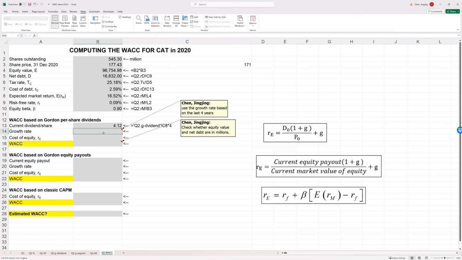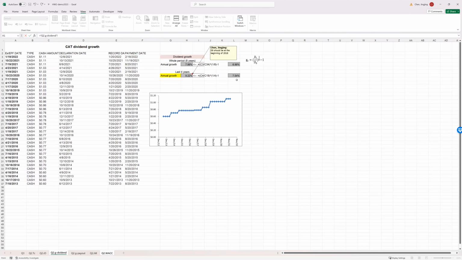For the growth rate, I will use the most recent one. The reason is, first, it's not that different, 7% versus 7.5. Second, the recent 4 years, I believe are 17, 18, 19, and 20, so I would argue that these are more relevant compared to the more remote years in the history.